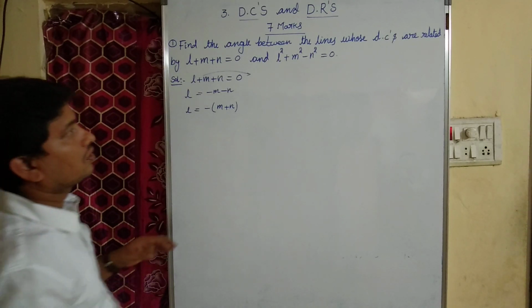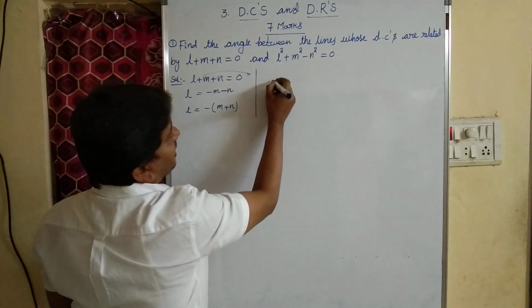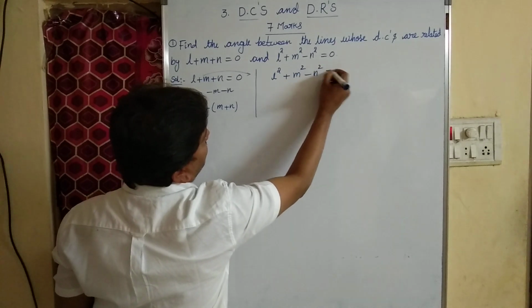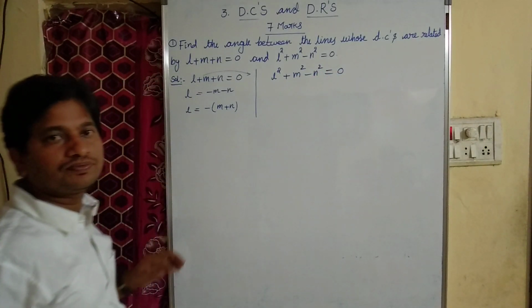Now coming to the second equation, L square plus M square minus N square equal to 0.